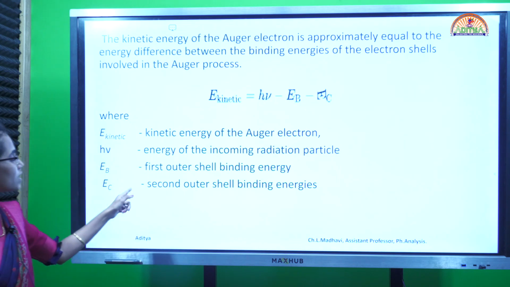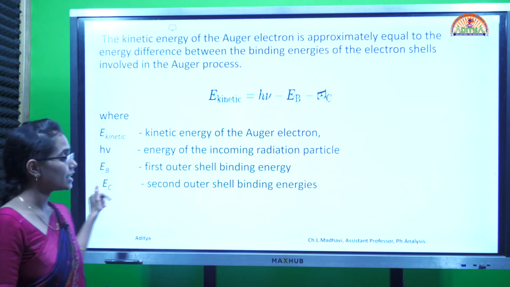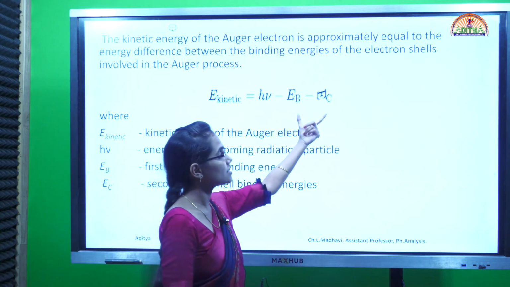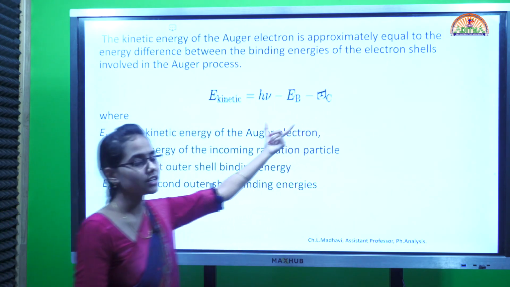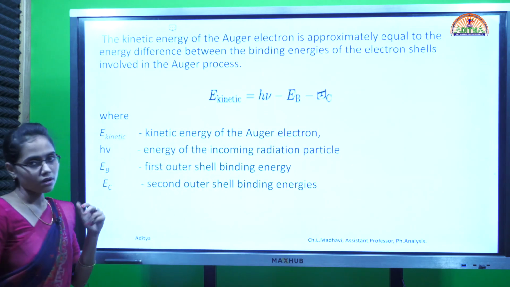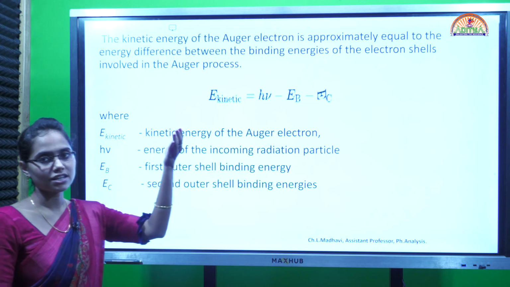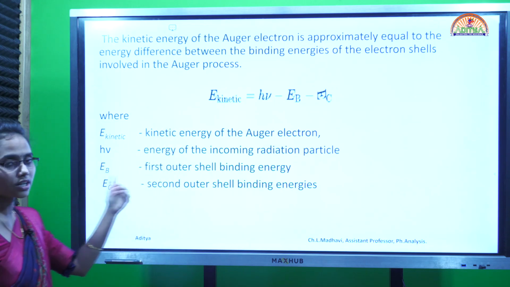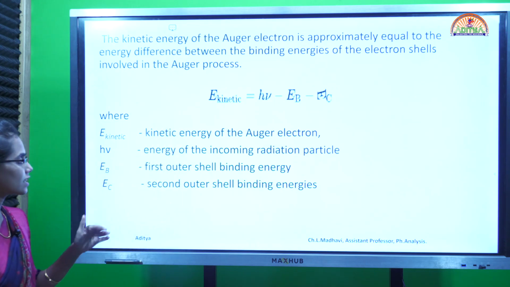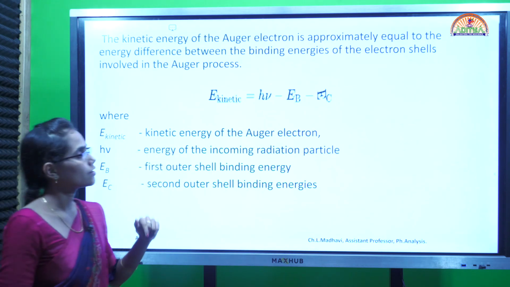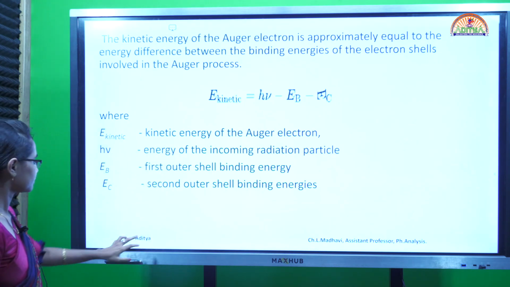EB is the first outer shell binding energy, and EC is the second outer shell binding energy. That means EB minus EC is nothing but the difference between two energy levels. When the electron moves from one energy level to the next, one is taken as the first outer energy level and the next one is taken as the second energy level. So the difference between these two energy levels is given by EB minus EC.